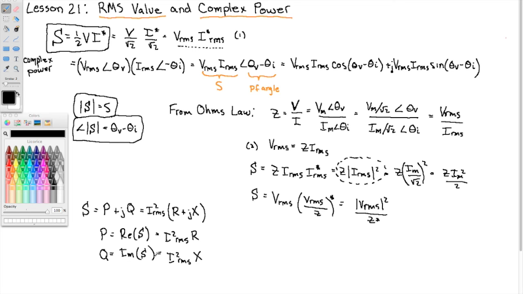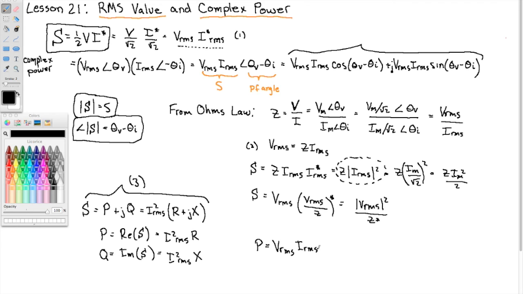Now, call this equation 3. Let us compare that with here. We notice that P, the real part of the complex power, is equal to V RMS I RMS times the cosine of the angle difference.